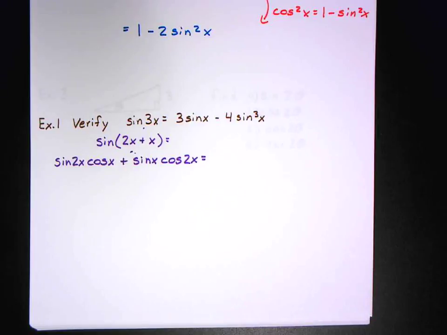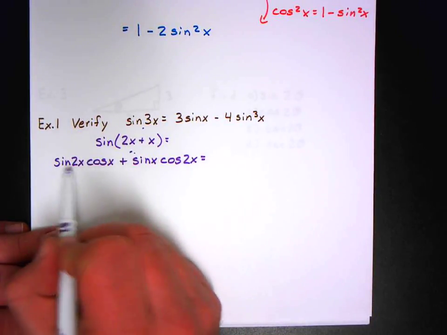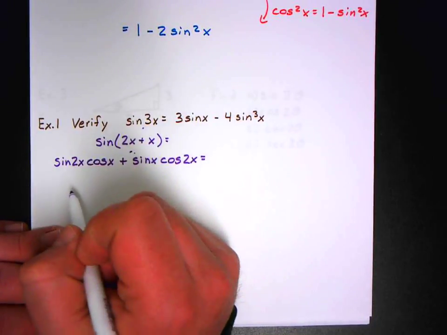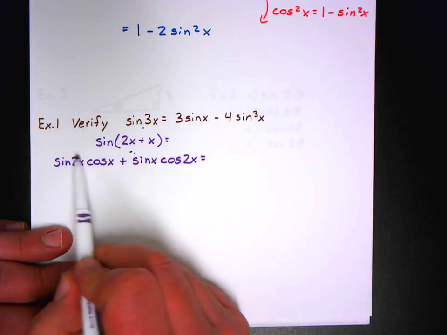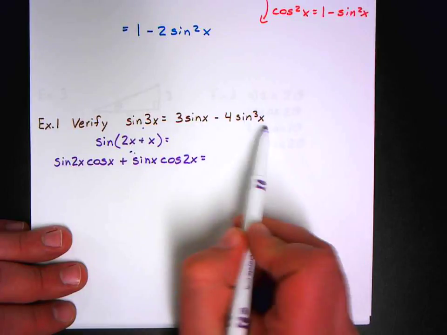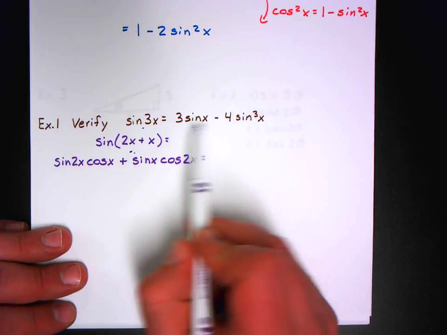So you may start having problems where you have to use multiple formulas from everything we've had. Okay, so now I have my sine 2x, so I can use my formula up here because my goal is to get all the numbers out of the signs because over here I don't have any numbers inside.